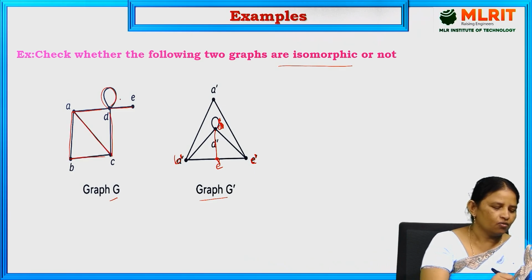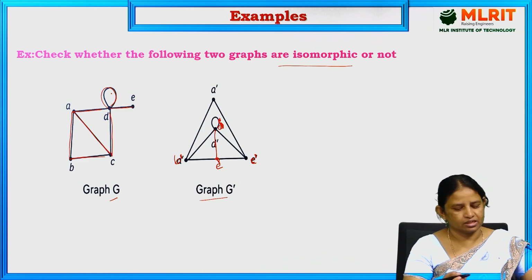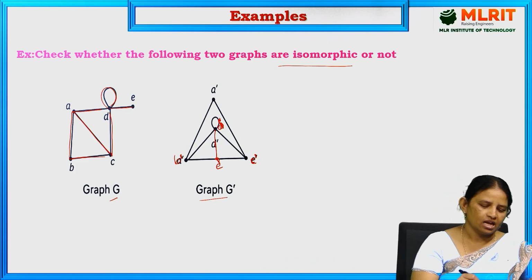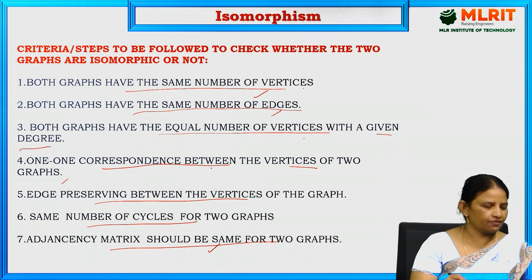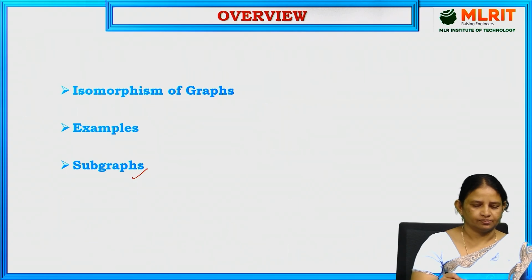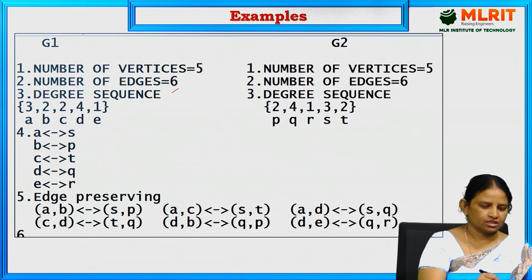For the cycles, we are not going to consider the number of cycles. Here also 1, 2, 3, 4, 5, 6, 7, including the self loop. That means 7 edges.